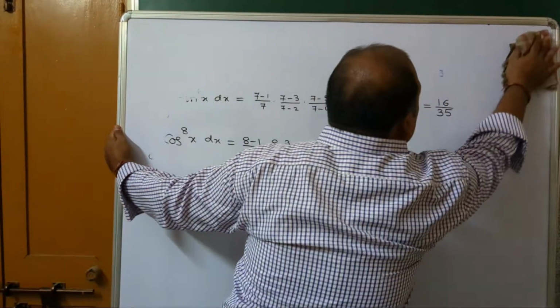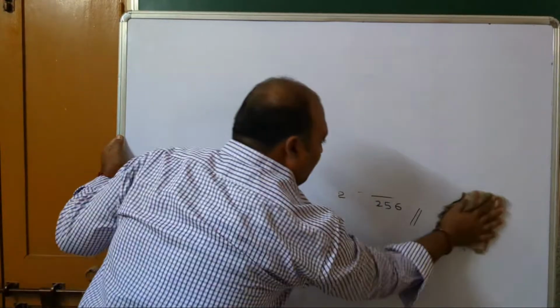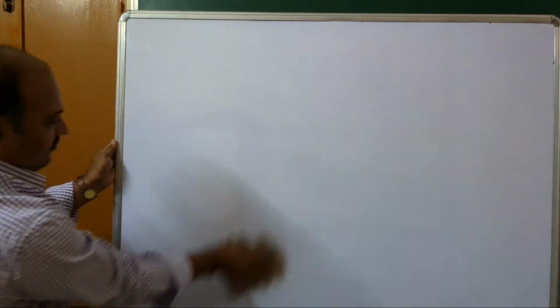Next, sine cos combination 0 to pi by 2. What will come? Before exercise 7D, I think you have a number of problems.